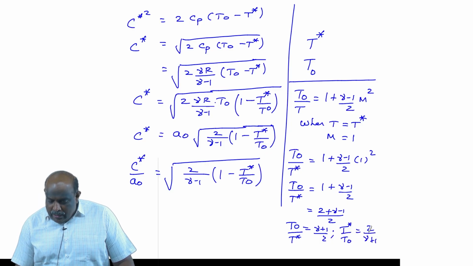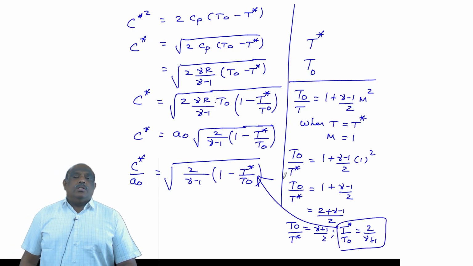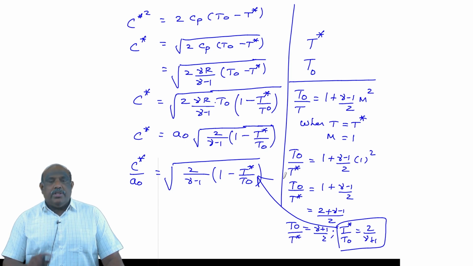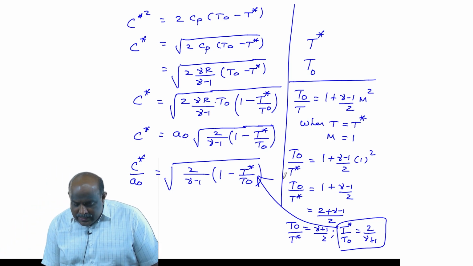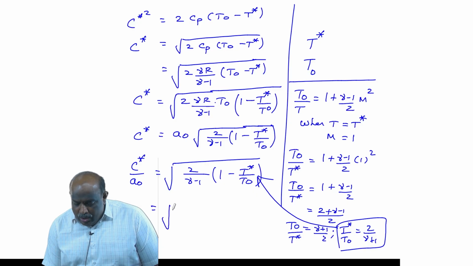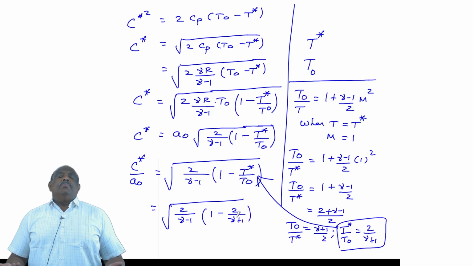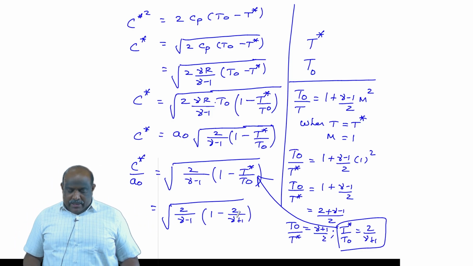So substitute the value of T star by T naught as 2 by gamma plus 1 into this equation. Okay, so let us see. It becomes 2 by gamma minus 1 into 1 minus 2 by gamma plus 1. Now once again, simple mathematics only.